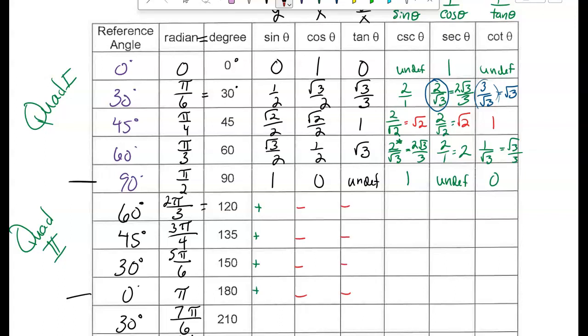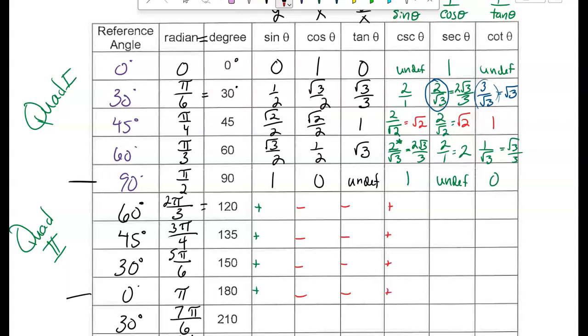Okay, now I want you to think carefully about this. What does that tell me about cosecant? Cosecant is just sine flipped over. So if it's positive and I flip it over, it's still positive. So notice the reciprocal functions match. It's reciprocal for sine.